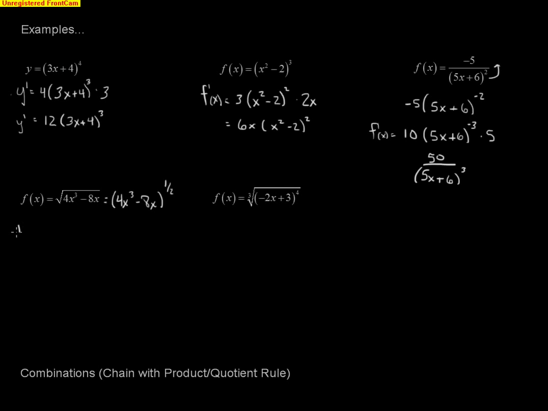So we'll have a 1/2 times 4x cubed minus 8x to the negative 1/2 when we subtract power by 1. Multiply this by the derivative of the inside, and we'll get 12x squared minus 8. And again, cleaning this up so that we don't have any negative exponents, the top will be 12x squared minus 8.